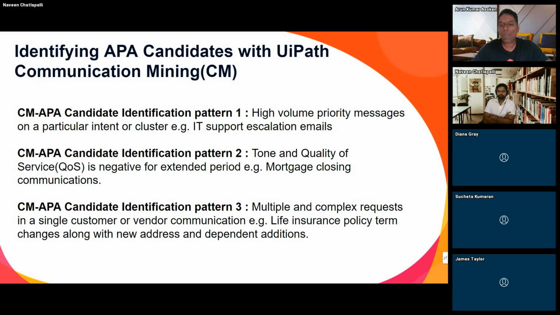Let's say you want to change your life insurance policy terms with a new address change, adding dependents or changing some of the parameters of your terms. Those kinds of complex requests won't need multiple separate requests or multiple automations to be built separately. Those complex things can be handled going forward with these capabilities. So these are a few patterns which we can use to identify the APA candidates.